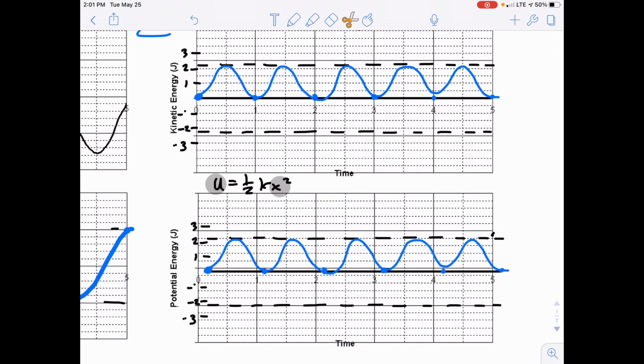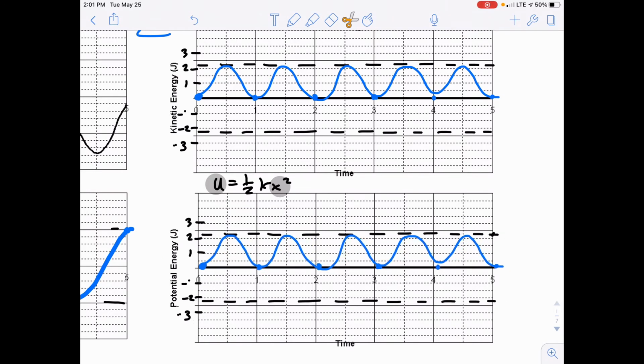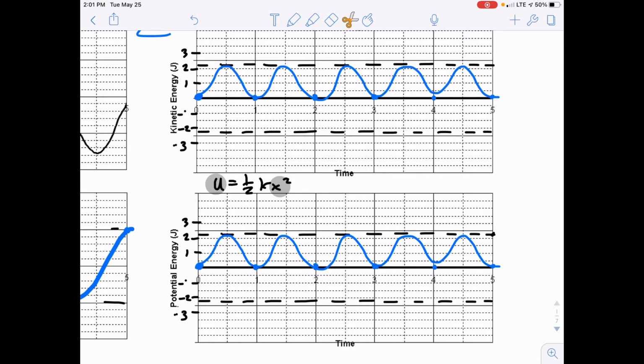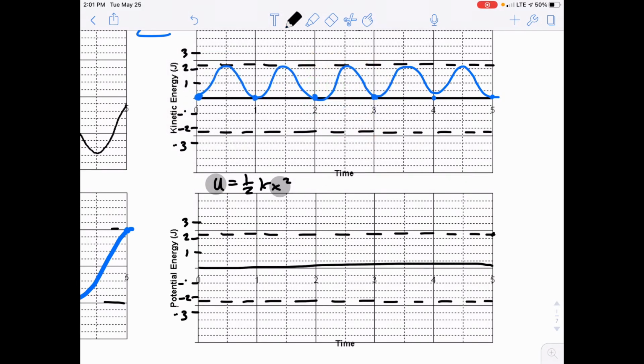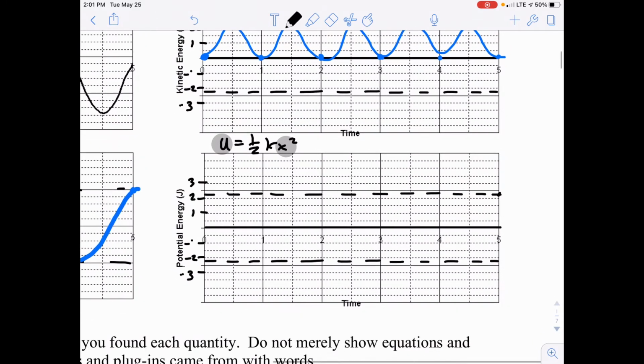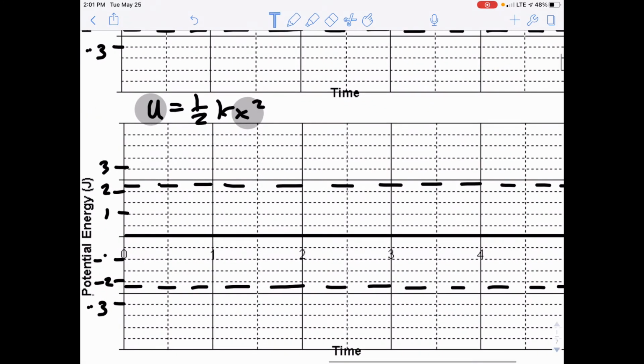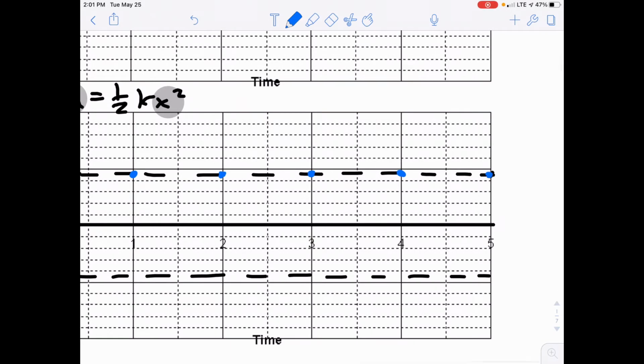So I'm just going to copy this right down, make it really easy for me. I'm going to erase the graph. I'm going to erase those dots. This time, I remember that my potential energy graph starts at 0, and every second it's going to come back up to 2 1/4 joules, just like that.